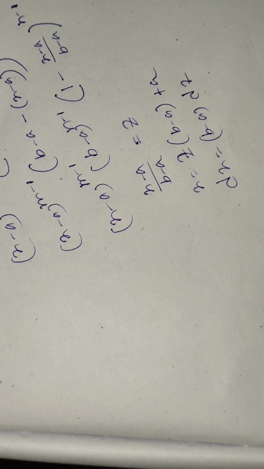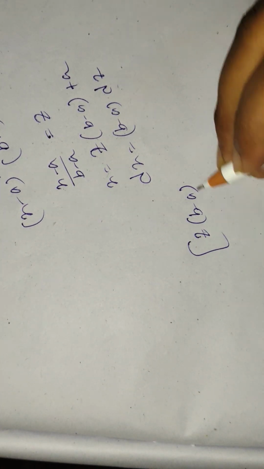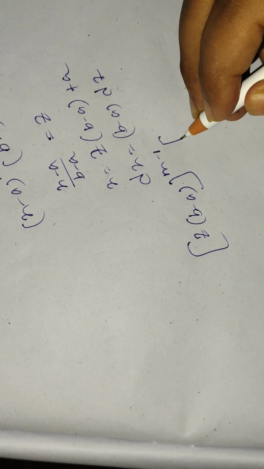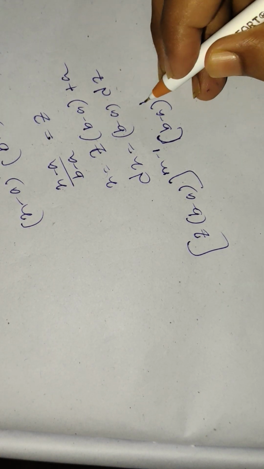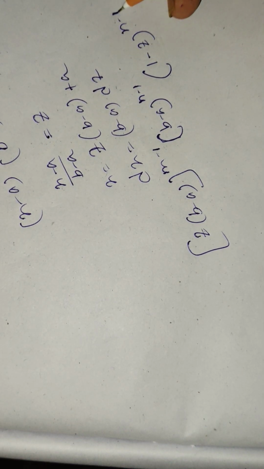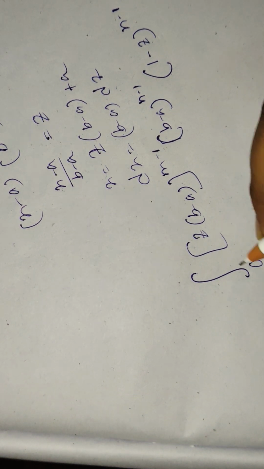This is (z into (b minus a)) to the power m minus 1, this is (b minus a) to the power n minus 1, and this is (1 minus z) to the power n minus 1, integration from 0 to 1.